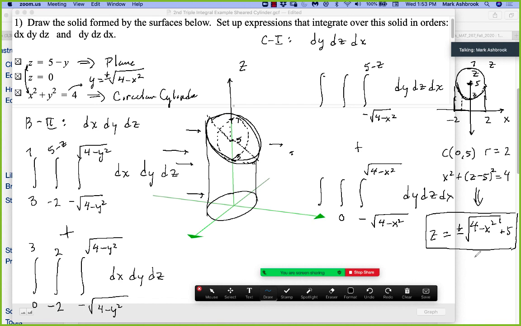So the bottom is 0, and what is the bottom of this circle? It's going to be the negative square root of 4 minus x squared, plus 5.